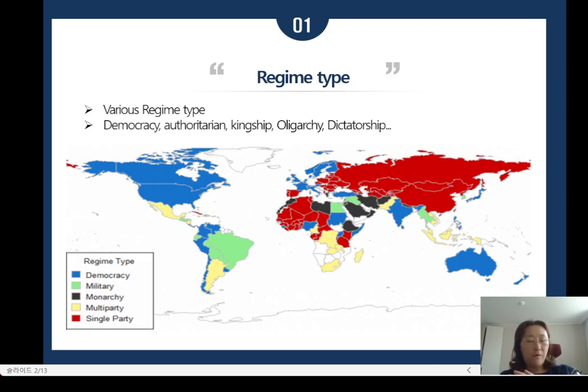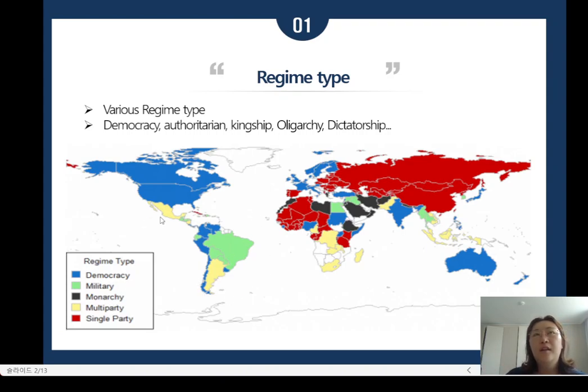But I wanted to show the world map in terms of regime type. So if you look at this, this is America and Canada, right? So these countries are democracy and the military regime. So military have a lot of power in Latin America, and multi-party.